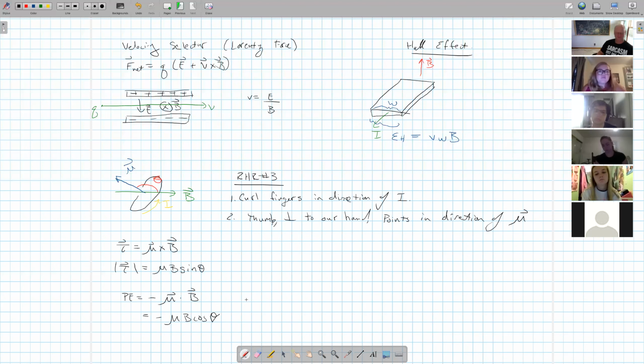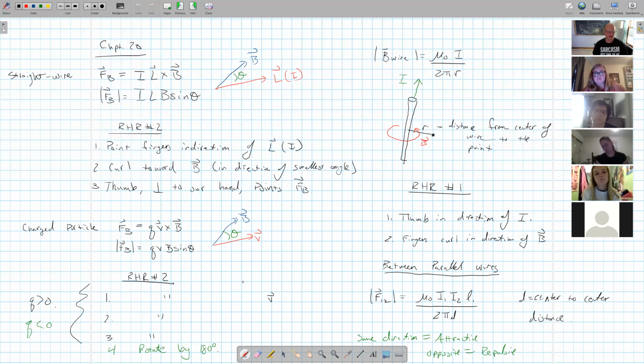Okay. Good. Let's go back for just a second. One other thing I want to talk about here is if the velocity is perpendicular to the magnetic field. So if V is perpendicular to B, this thing undergoes uniform circular motion.